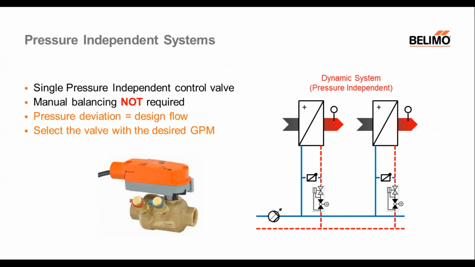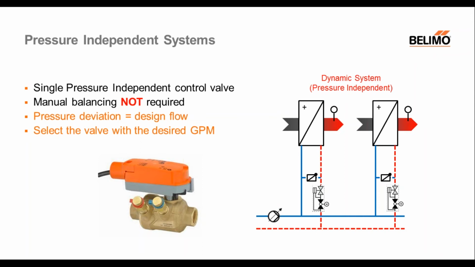Let's look at a pressure independent system. In a pressure independent system, we have installed a single pressure independent control valve with no manual balancing valve. If you're using a pressure independent valve, you do not need and should not install a mechanical balancing valve.